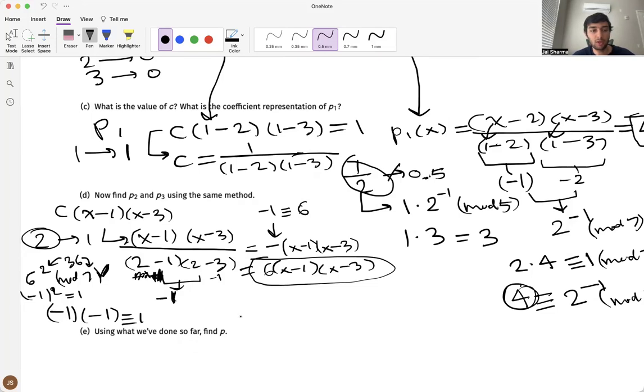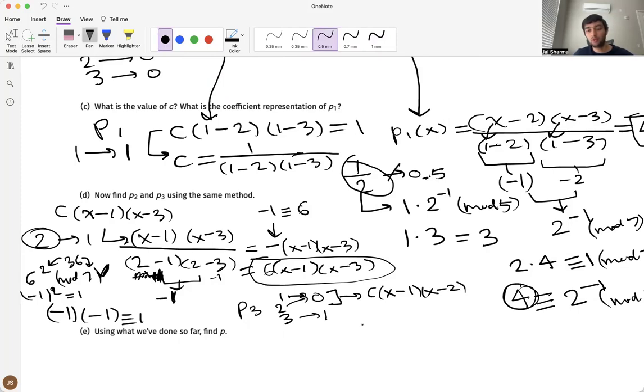Let's find P3. So P3 over here. Now if I put in a 1 or I put in a 2, those will both get mapped to a 0, right? That's the rule of this, and 3 gets mapped to a 1. Now over here, for these first two, that means that this is of the form C times x minus 1 times x minus 2, right?